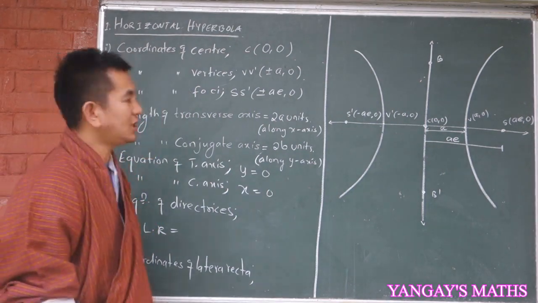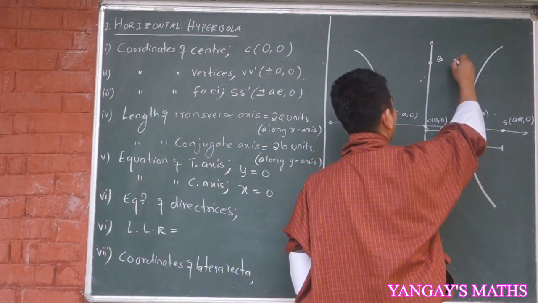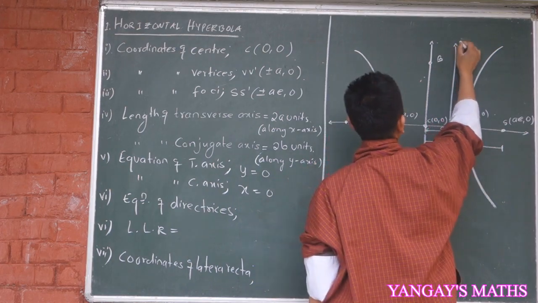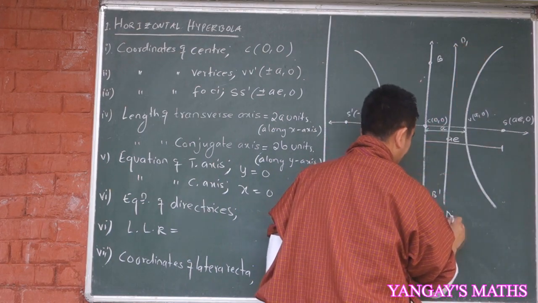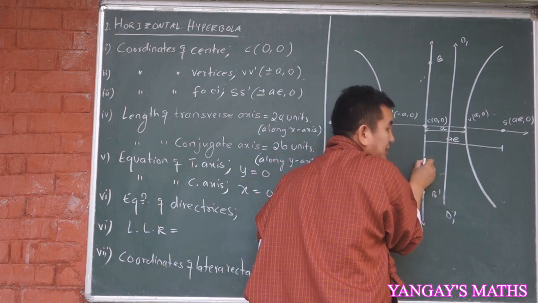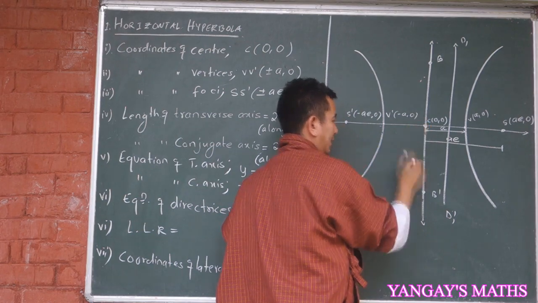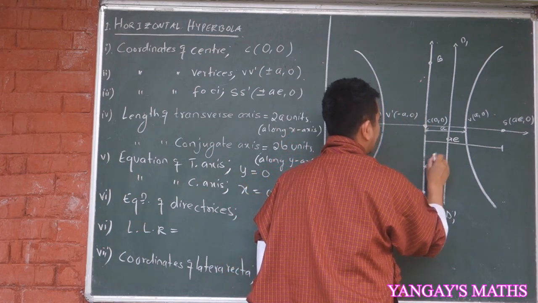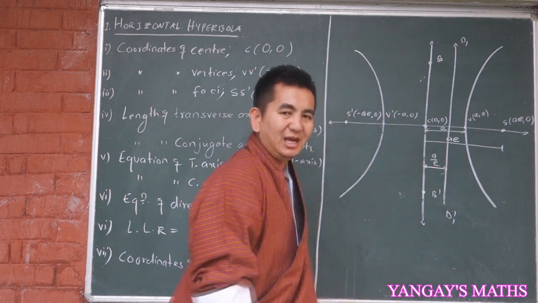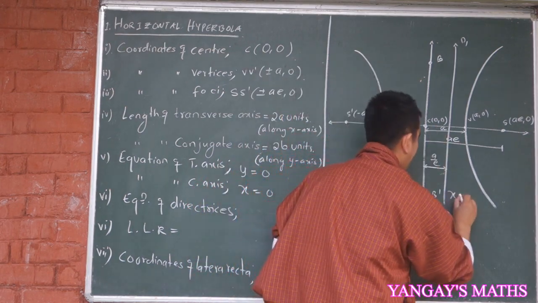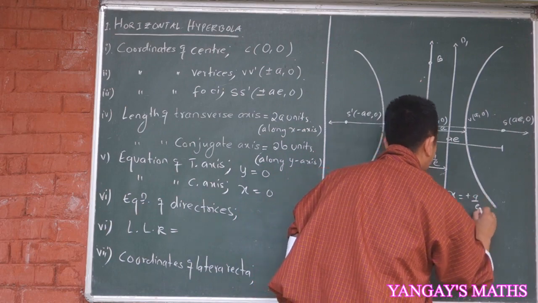Now let's go to the equation of the directrices. If I draw one line here, this becomes the directrix, say d1 dash, and this becomes the center. Please remember, the center of the hyperbola. From the center till this directrix, the distance is nothing but a by e. Since this directrix is intersecting the x-axis, we have x is equal to plus a by e.